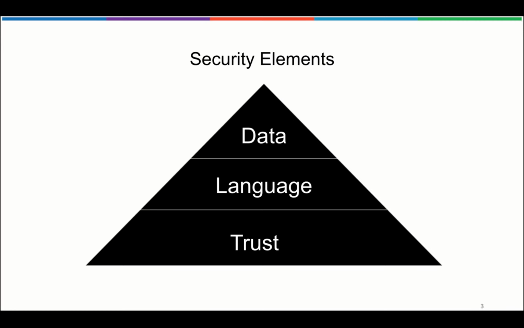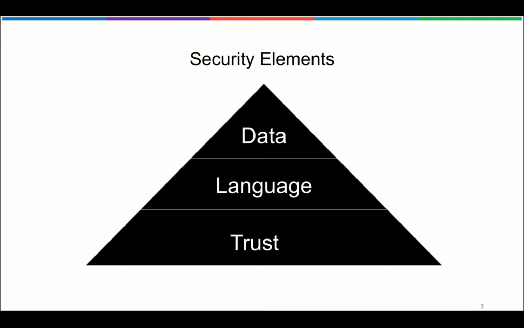If you don't have data in a system, or the attacker has no goal of accessing the data, then perhaps the attacker's motivation would be low, or maybe it would be just to show off that they can break into a system. But most of the time the primary goal is to get to the data. That is why we have put it in this manner of trust, language, and data.